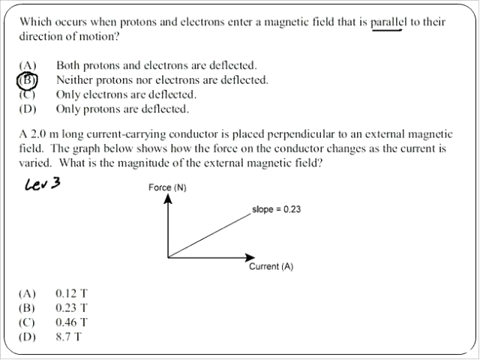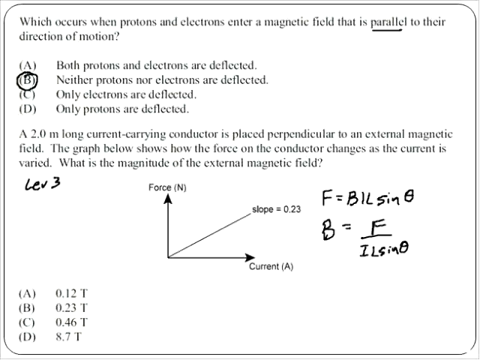Anyway, this one here, we want to know the magnitude of the external field. It's a current carrying conductor with that length. So we do this. F equals BIL sine theta. Which means if we're trying to find the magnitude of the field, B equals F over IL sine theta.